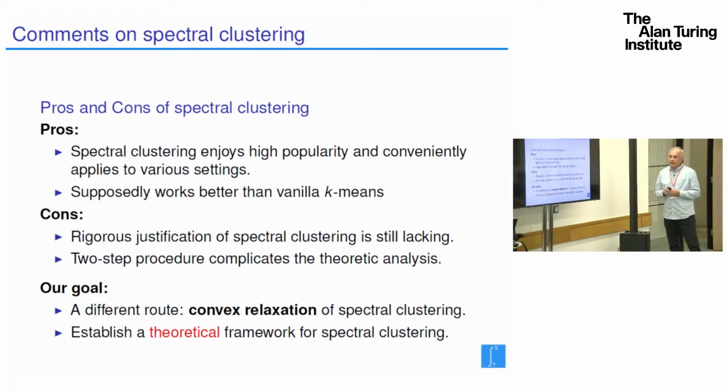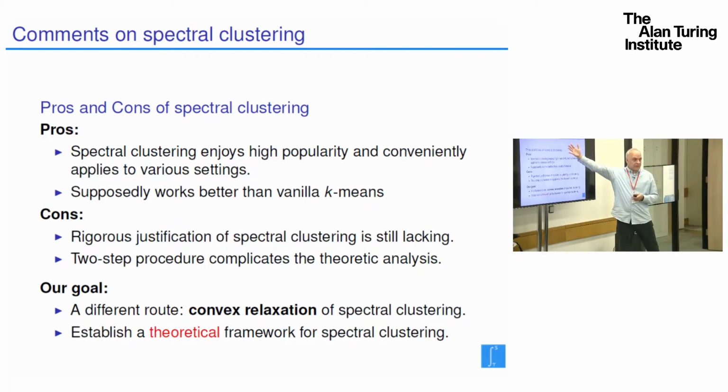I talked with Joel before about meaningful theory. I'm not sure if I present really meaningful theory, but it's clearly much better than what is out there because it comes with clear conditions. So our goal is to end this 30 years of lawlessness in spectral clustering and bring in some order, some theory.